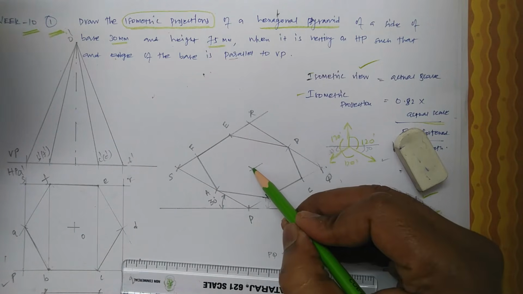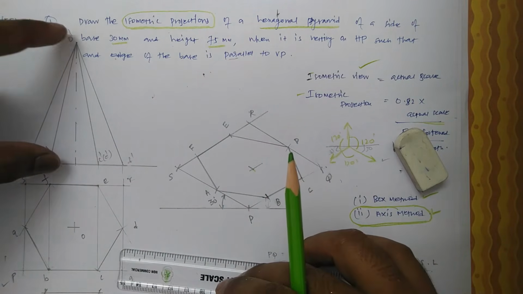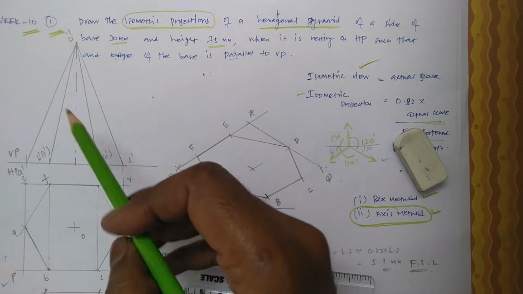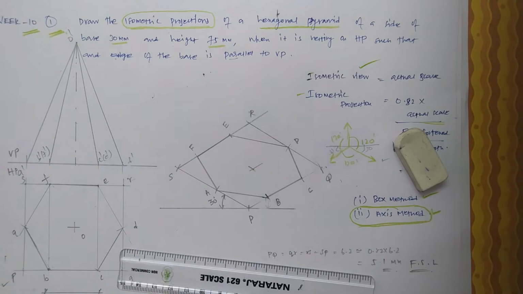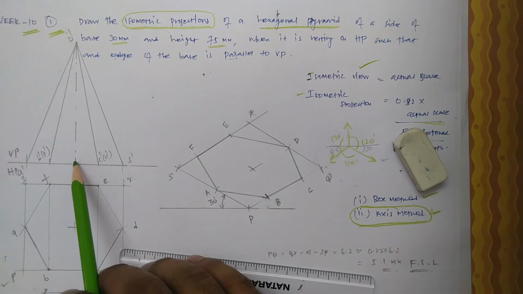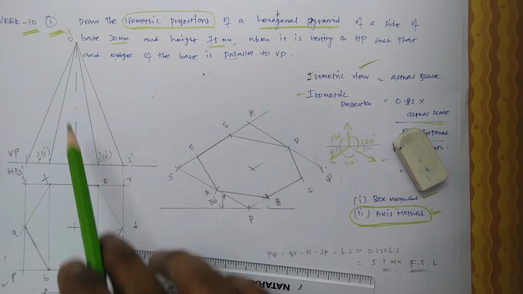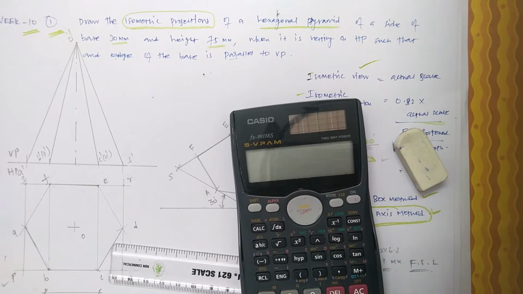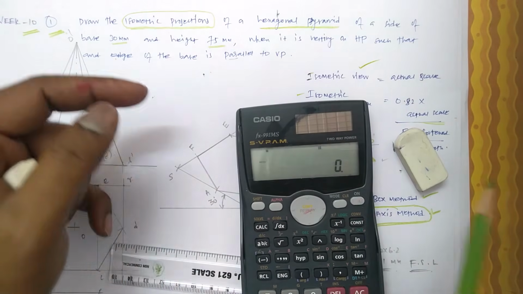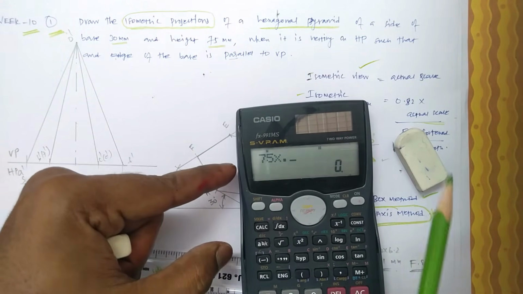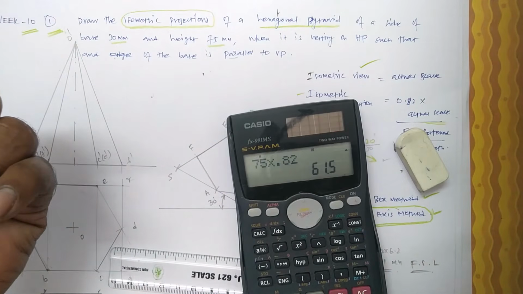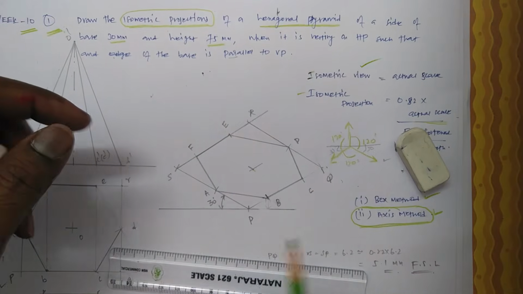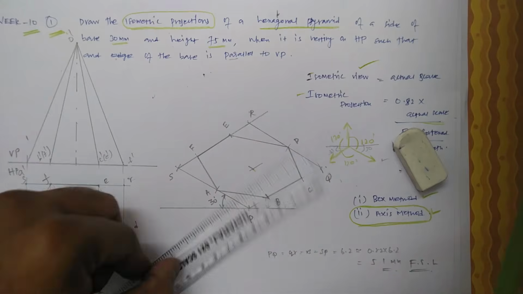I just marked the axis point. So now we know the height from the vertical plane. All the heights we know, but we need only the height from base to top, that is 75 mm as specified in this problem. So 75 multiplying by 0.82 is 61.5 as a foreshortened length.